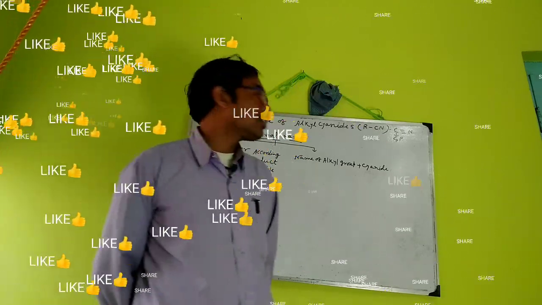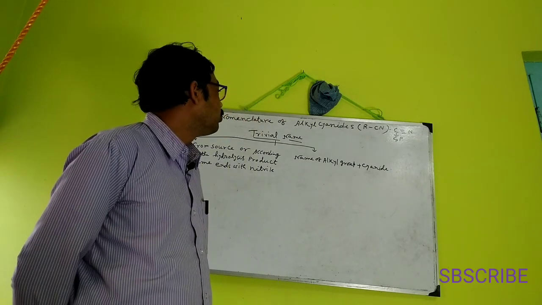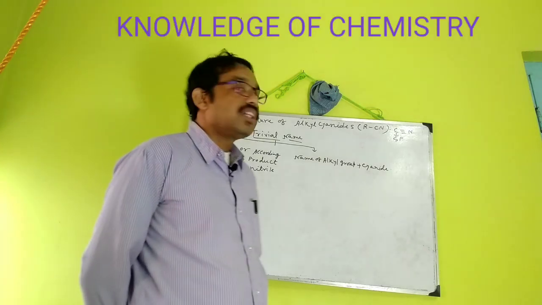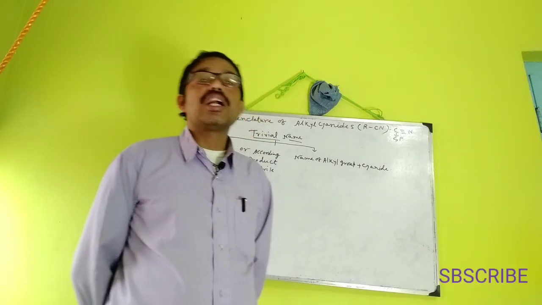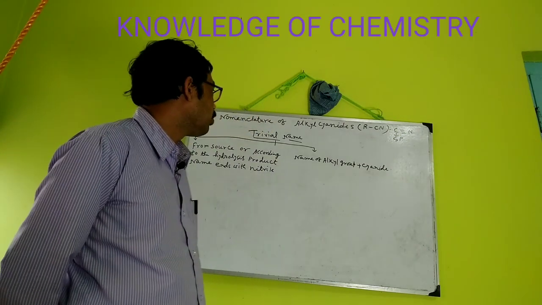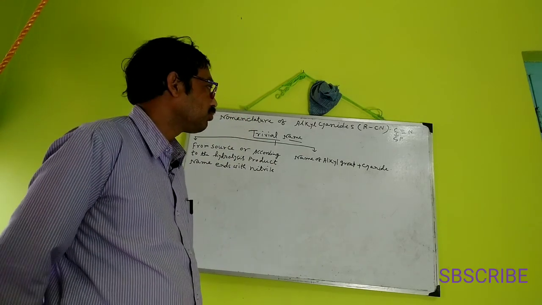Welcome my students. Today I am discussing the nomenclature of alkyl cyanides. You have learned in the previous lessons that there are two different ways of naming organic compounds: trivial name and IUPAC name.